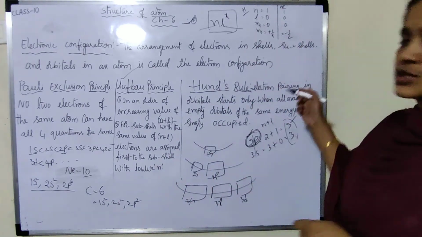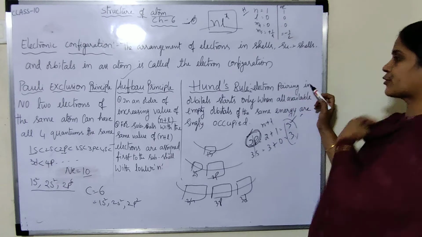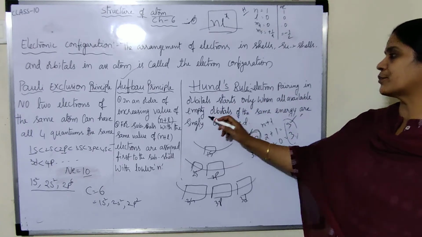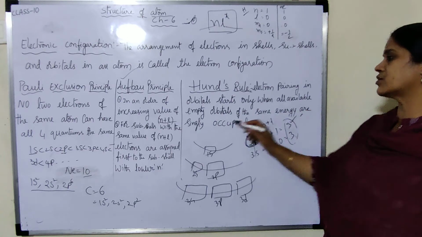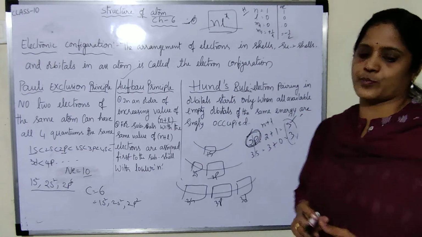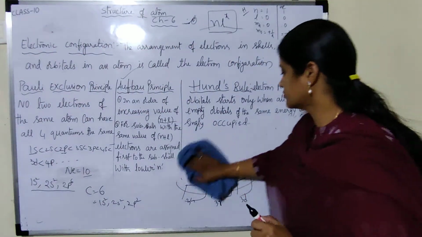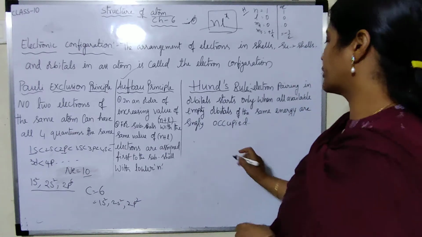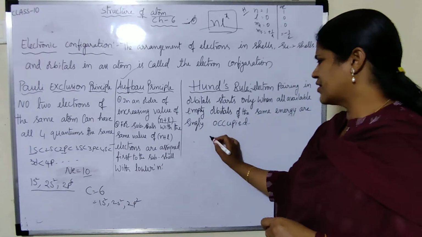Next, coming to Hund's rule. Electron pairing in orbitals starts only when all available empty orbitals of the same energy are singly occupied. For example, I'll start with hydrogen.